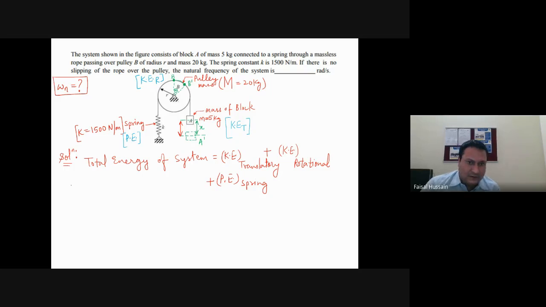Now, total energy, let us see the expression. Total energy equals kinetic energy, half m v square.